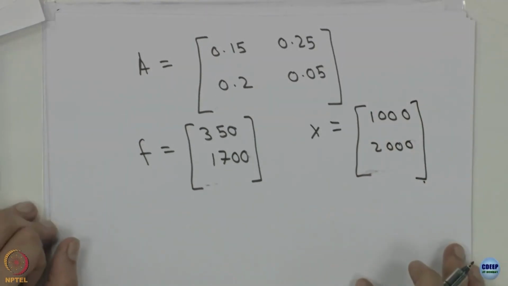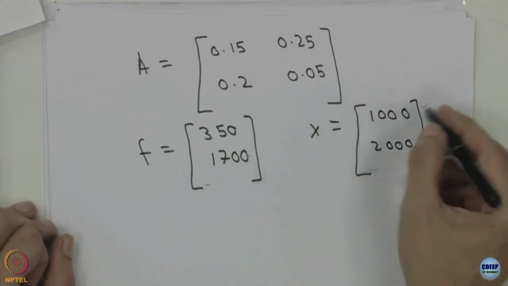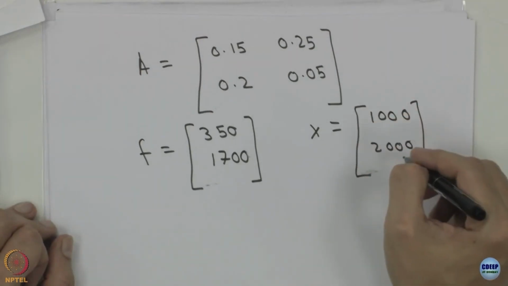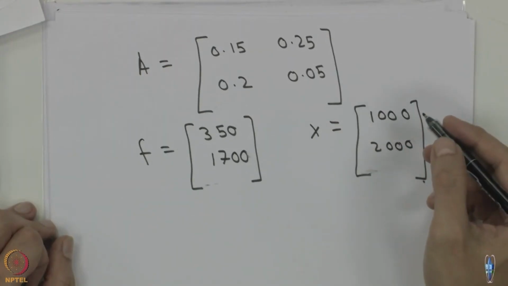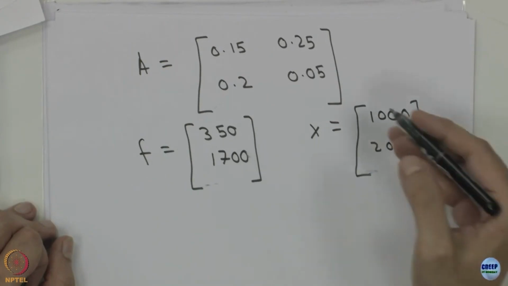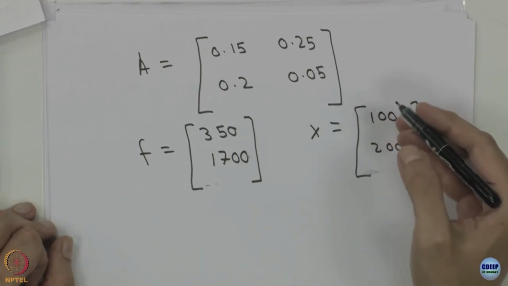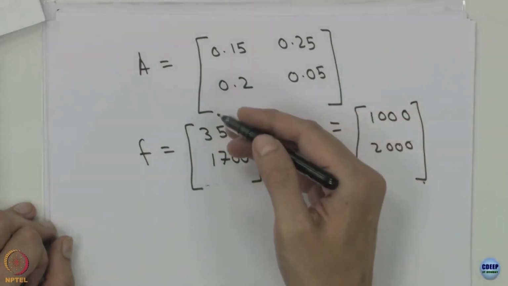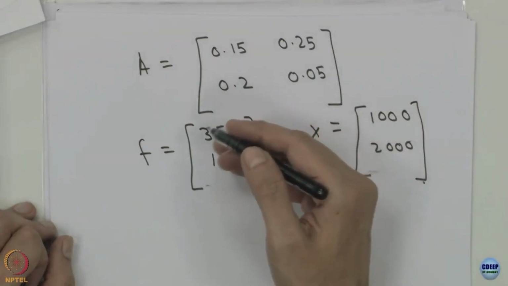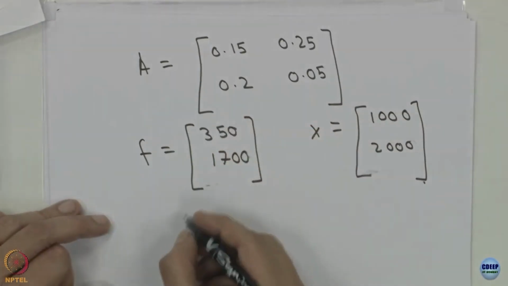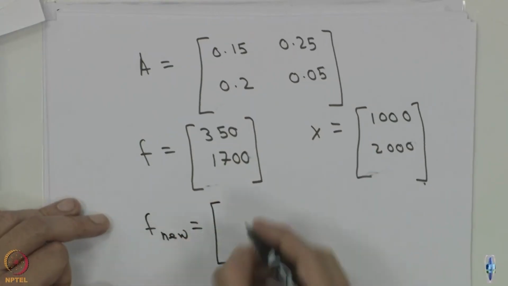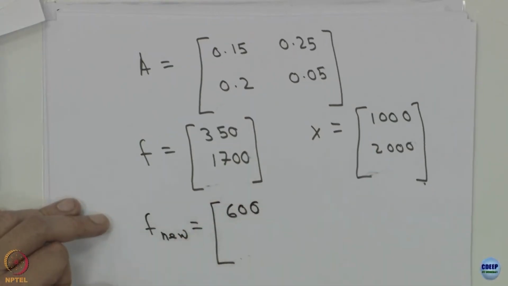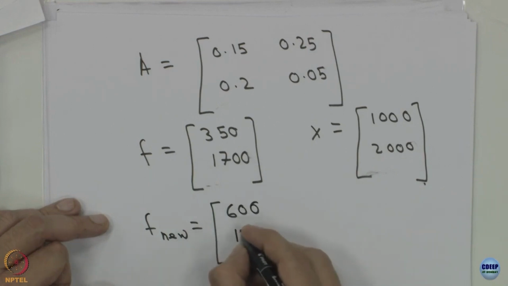Now, the question is, what if instead of this kind of output we had a change where the agricultural final demand, instead of 350, increases to F nu, say 600, and the industrial demand decreases.